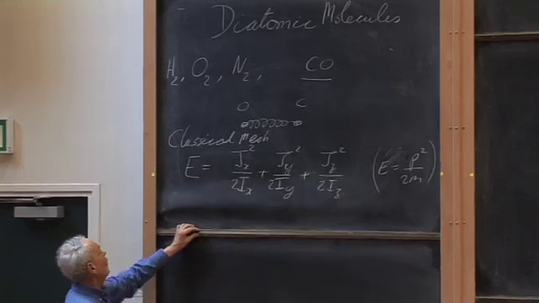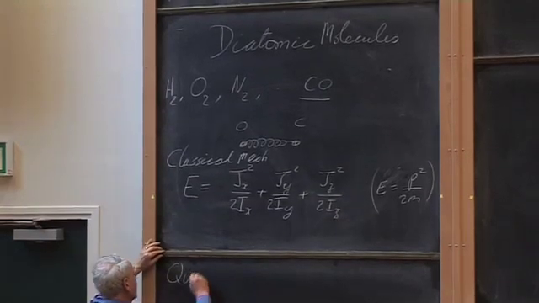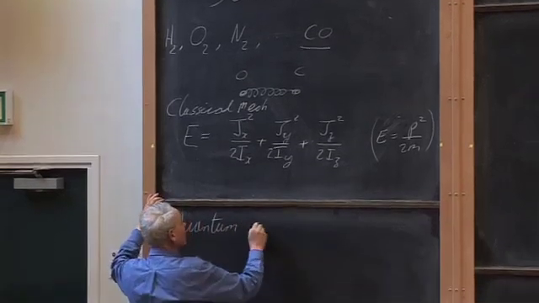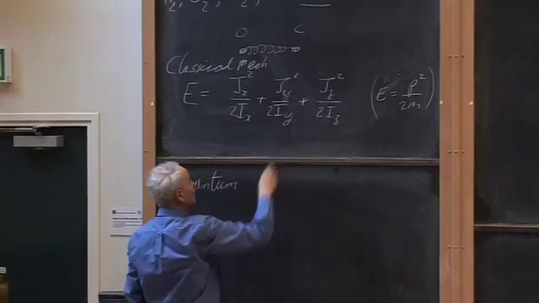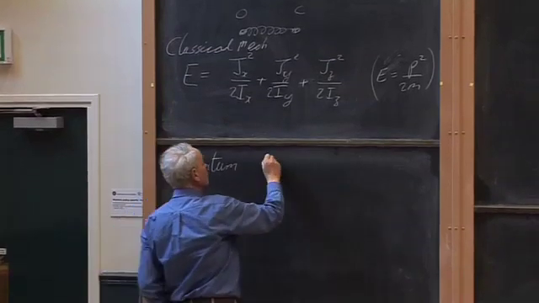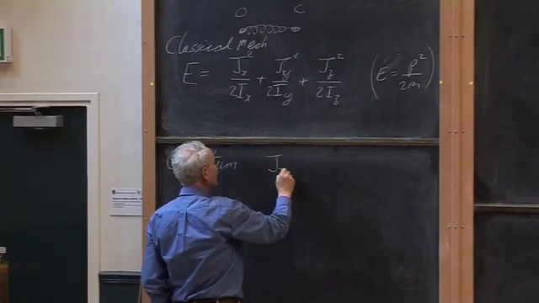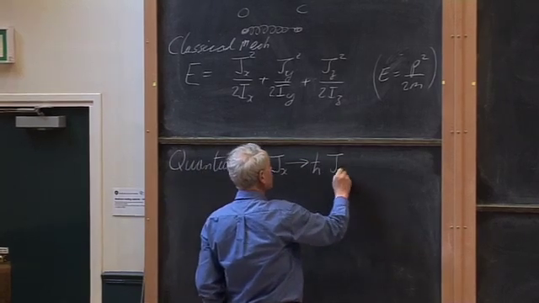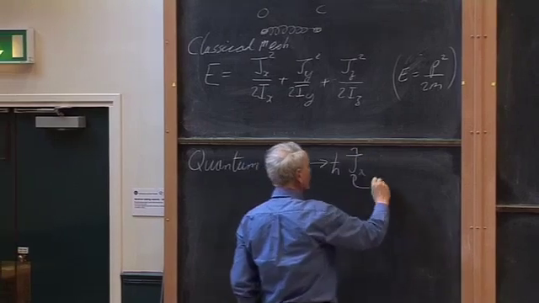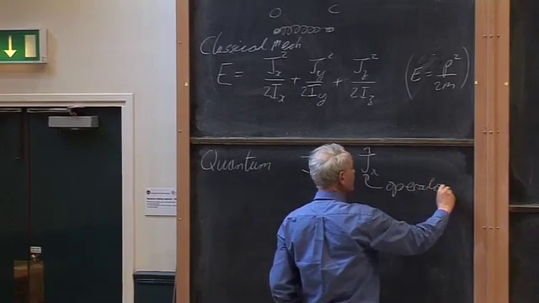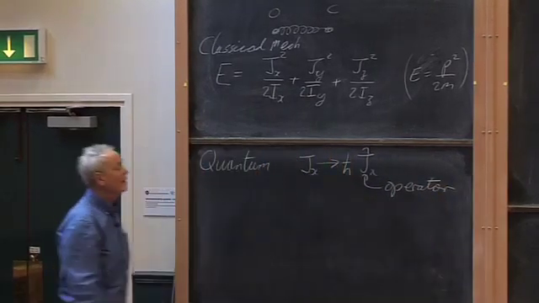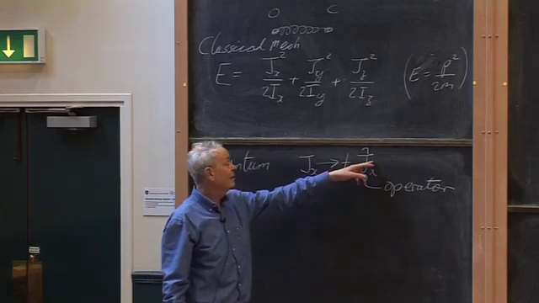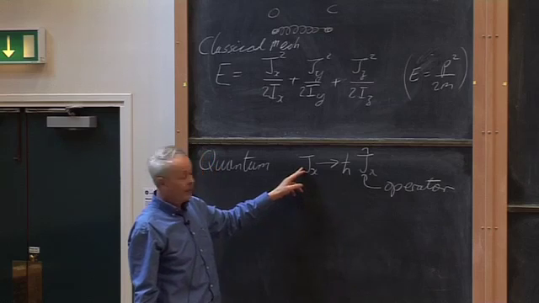So we now conjecture that quantum mechanically, Jx, the classical thing, goes to h bar times Jx, the operator. So we define these operators. Many people define them to have dimensions of h bar, but we define them so they are dimensionless. This thing has the dimensions of h bar.